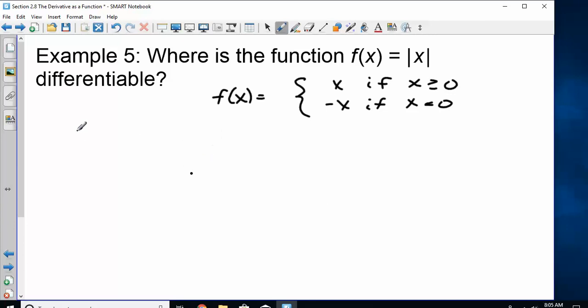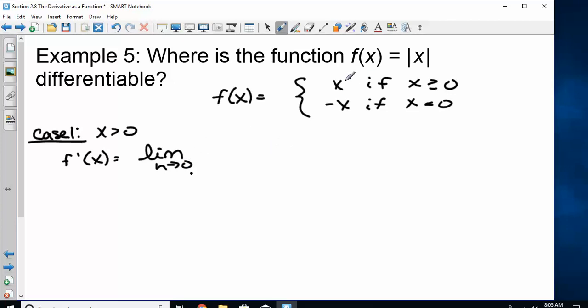So I want to see where this function exists, and there's really three pieces I need to consider. I need to consider positive numbers, negative numbers, and 0, and see if we have a derivative. So case 1, let's look at our positive numbers. If x is greater than 0, then the derivative is the limit as h approaches 0 of f of x plus h minus f of x, all over h.